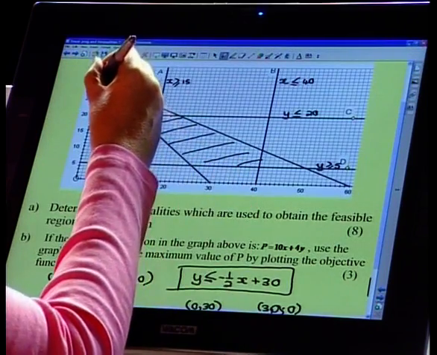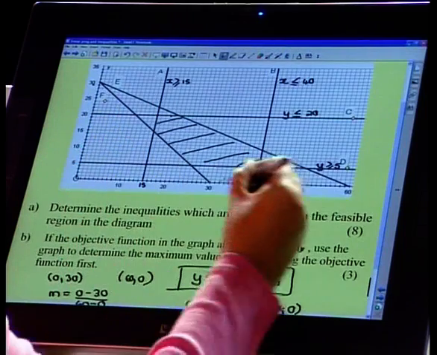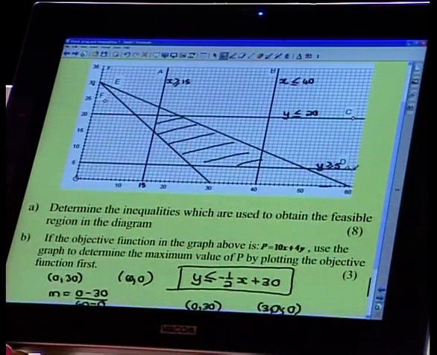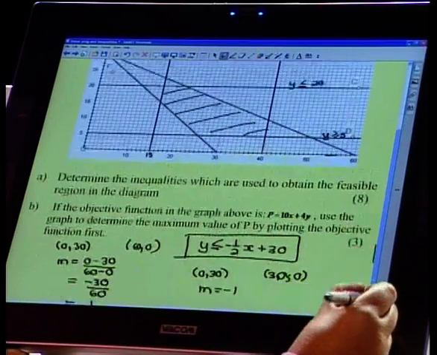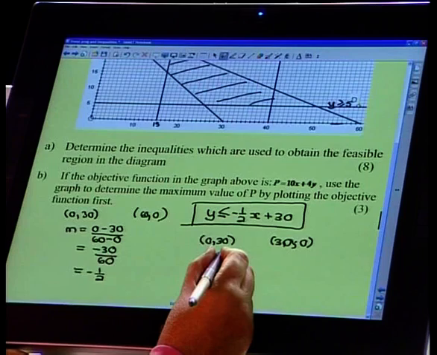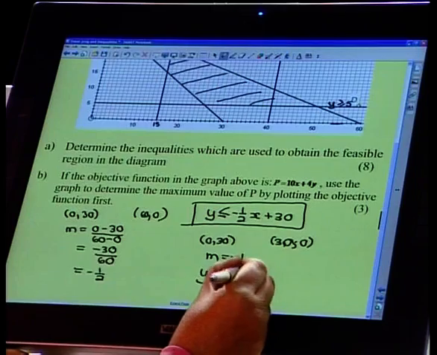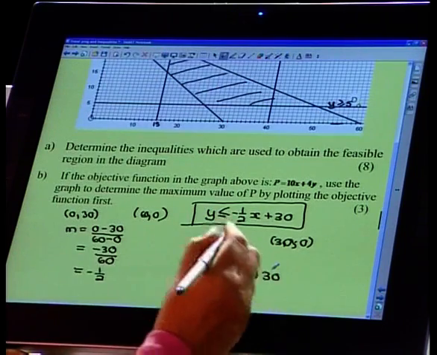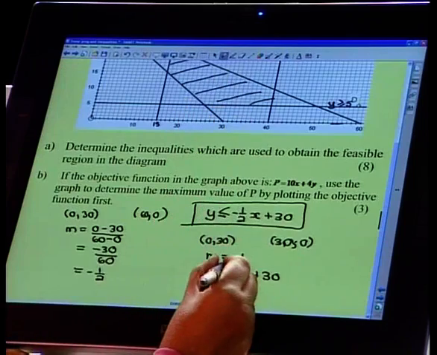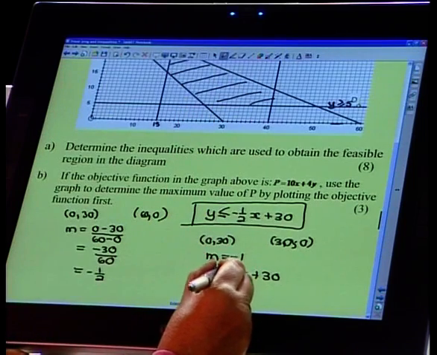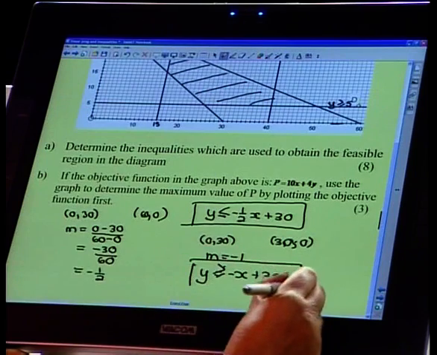I think we could have done the same here. The change in y is 30, the change in x is 60, and so the gradient is negative a half. Right, so over here, we are going to now go and find the equation, which is y equals minus x plus 30, and we want to show it above, so we're going to do greater than or equal to. So there's our second one.